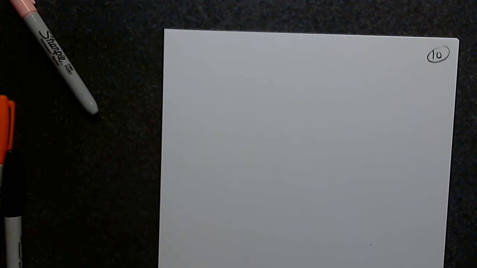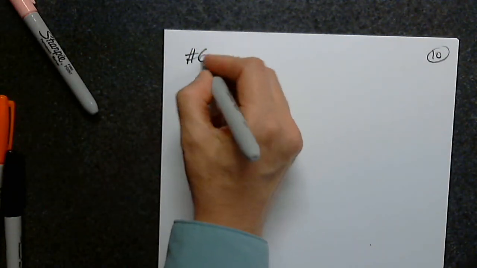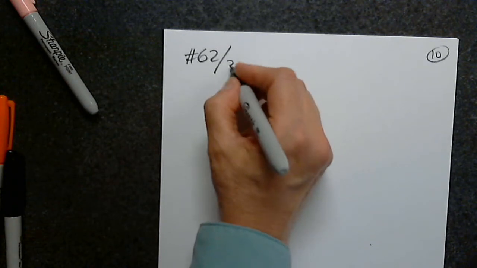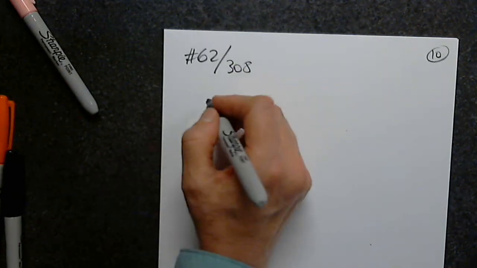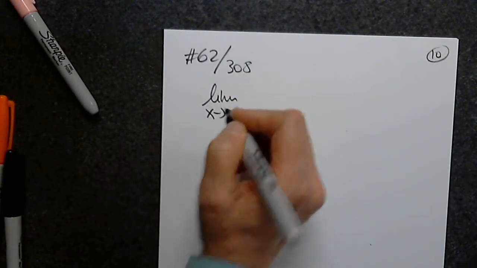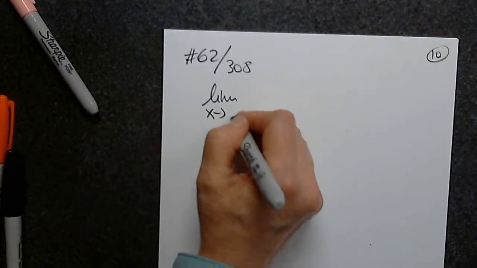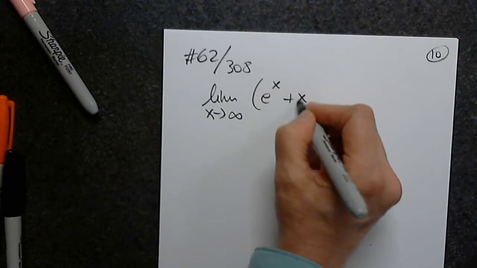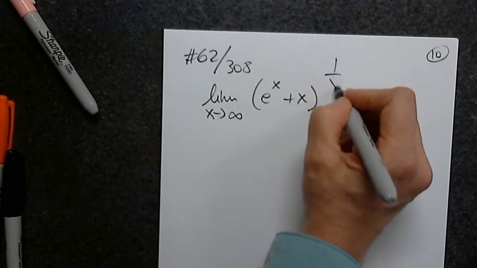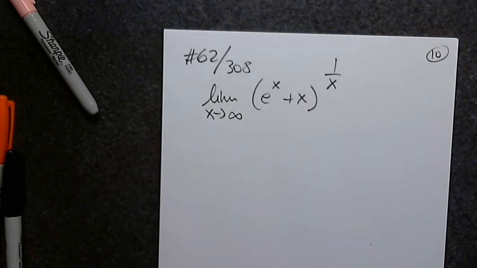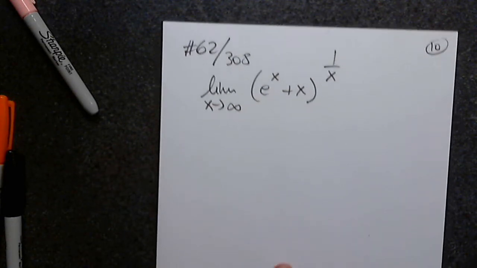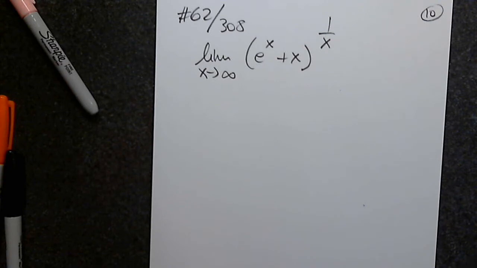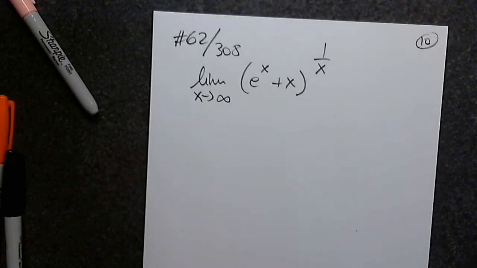Okay, 62 on 308. Limit as x approaches infinity of e to the x plus x, raised to 1 over x. Not a nice situation. Not friendly at all.